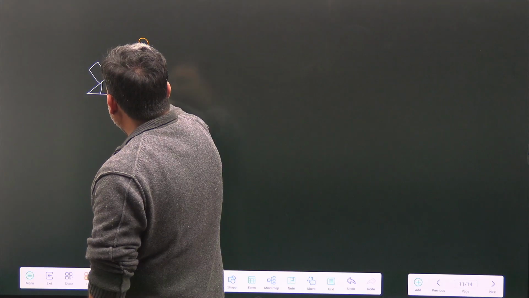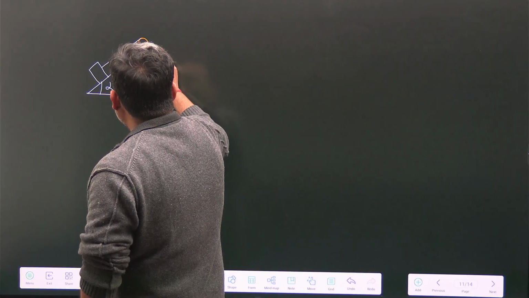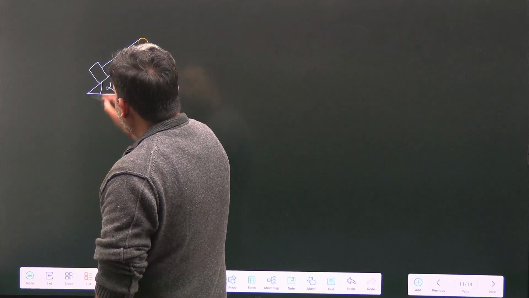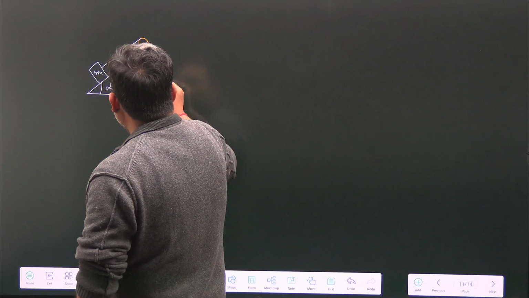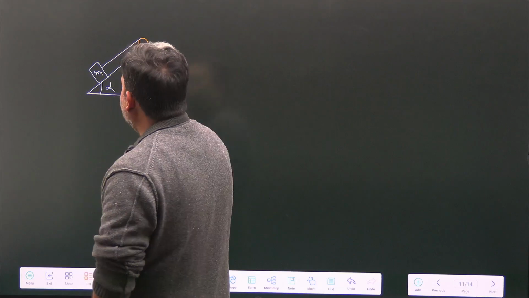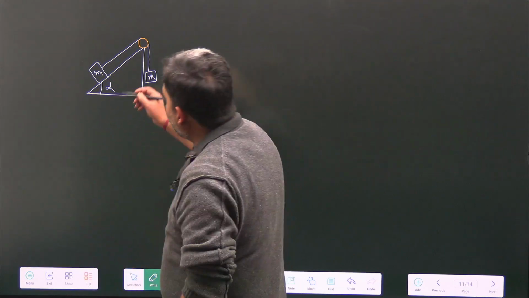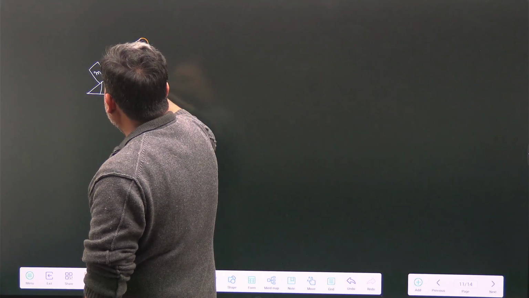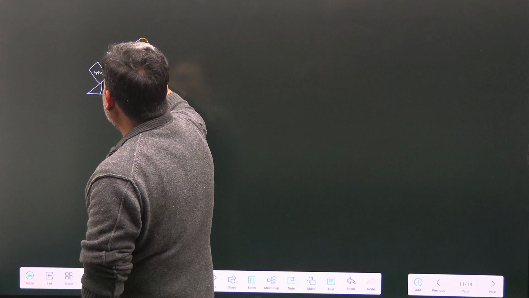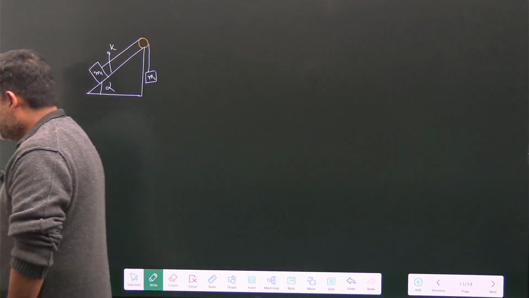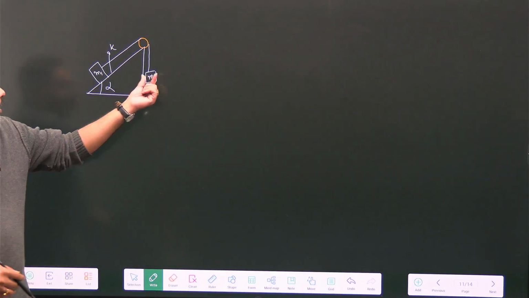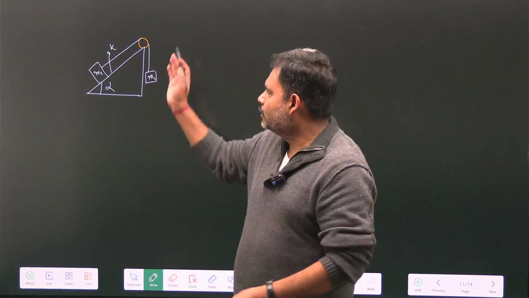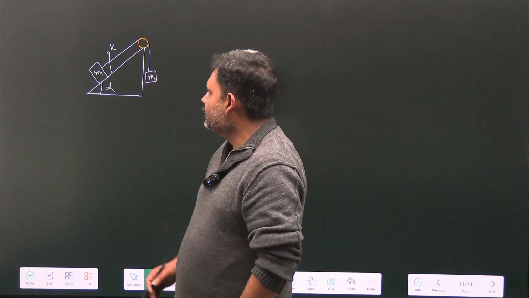This is my first mass, and this is my second mass. The masses are m1 and m2. The coefficient of friction between the mass and wedge is, let's say, k. So this is your coefficient of friction, and this block is not going to touch this particular surface. So it is just going up and down, something like this can happen.